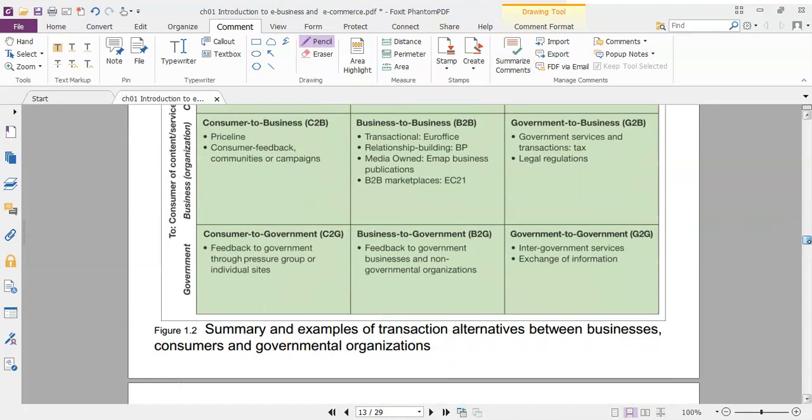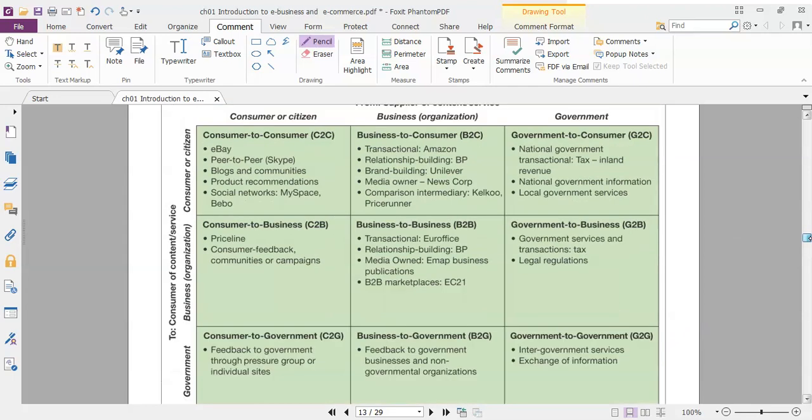So let's look at the summary and examples of transaction alternatives between businesses, consumers, and the governmental organization. Businesses are all the organizations that go online.